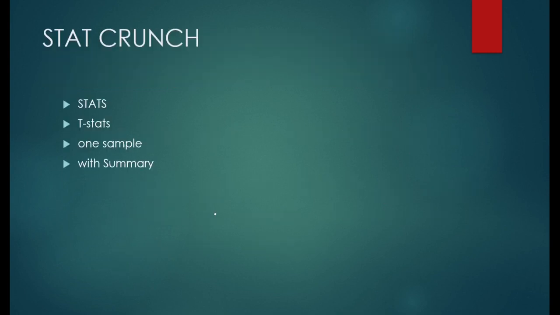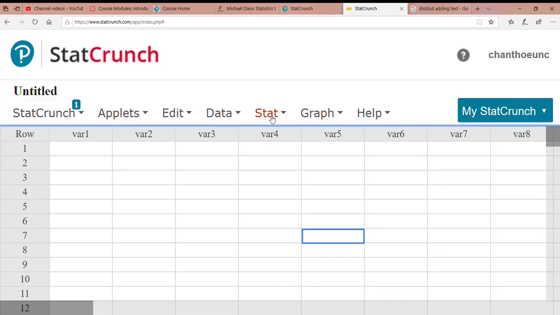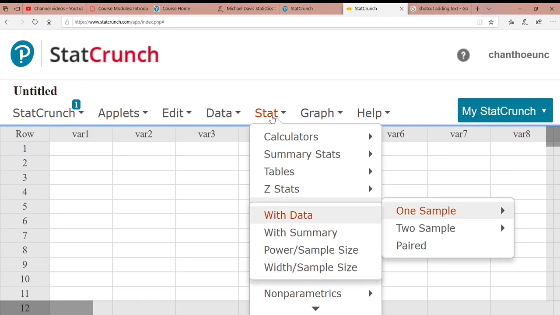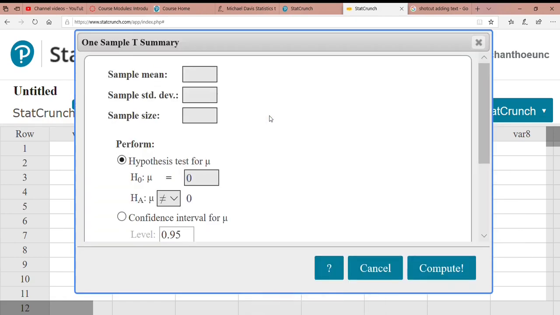Let's try the problem on StatCrunch. Go to Stats, T-Stats. Again, we always use T-Stats if we're using technology. Stats, T-Stats, one sample with summary. The sample mean is 72,460. The standard deviation, 11,230.